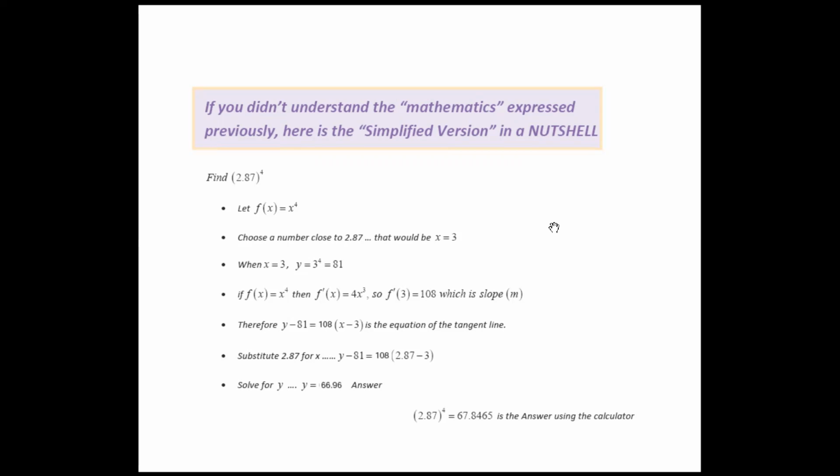We wanted to end on an easy note and give you some confidence, so that if you have problems, you can just think of this and run through it. You already know from Algebra 1 your point-slope formula, and you already know that the first derivative is slope, so you're well on your way. This concludes this particular lesson.